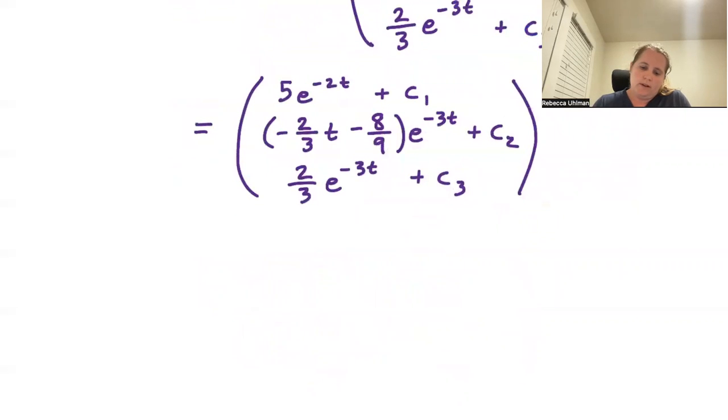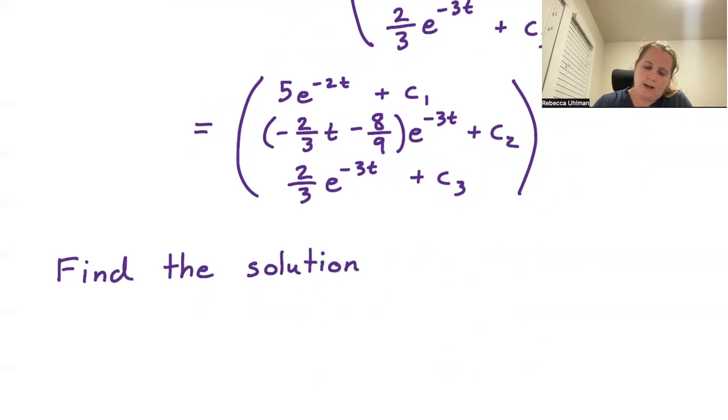At this point, our final solution, we go to find the solution. We simply have that y is equal to our matrix capital Y of t times our u of t.